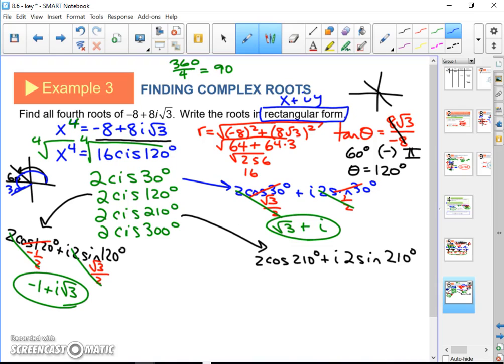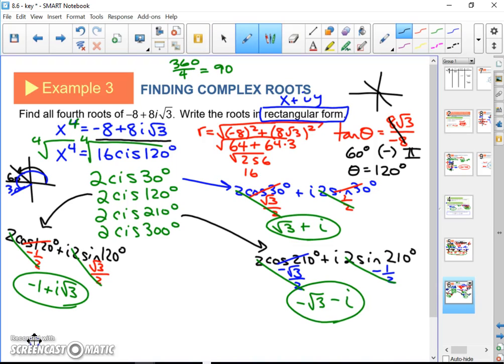What's cosine 210? Negative square root of 3 over 2. Sine 30 is 1/2, so what's sine 210? Negative 1/2. Cancel the 2's. I have negative square root of 3 minus i.